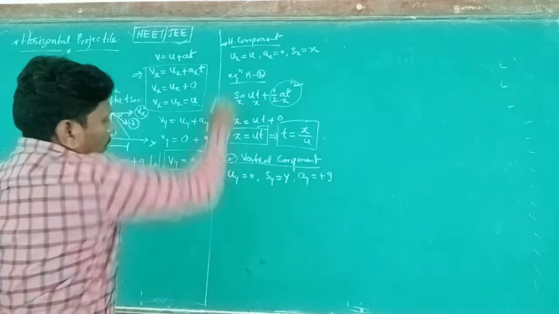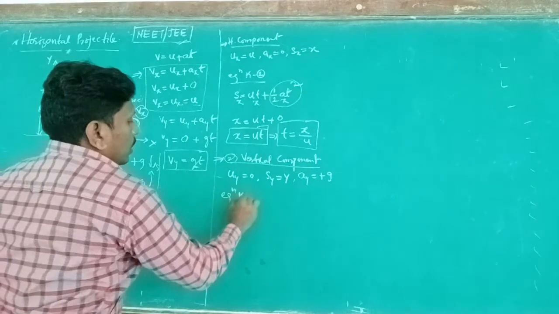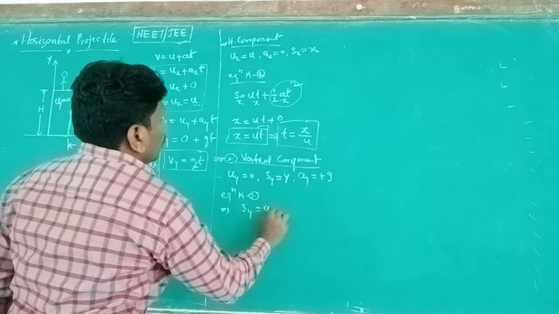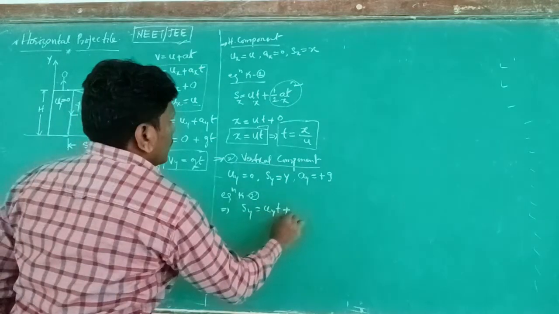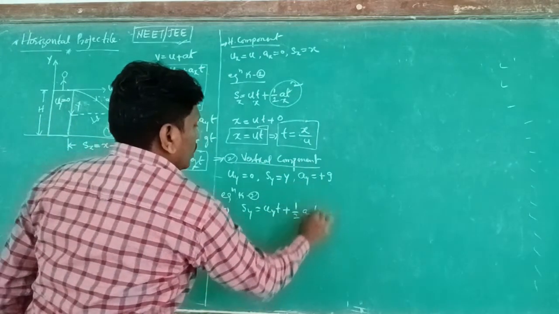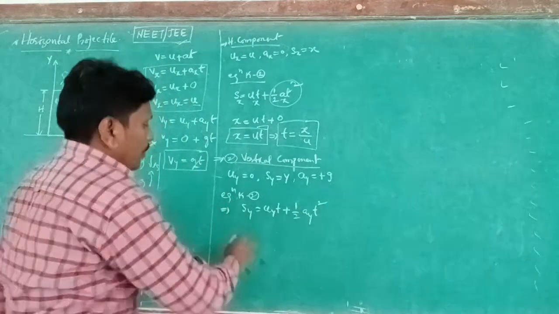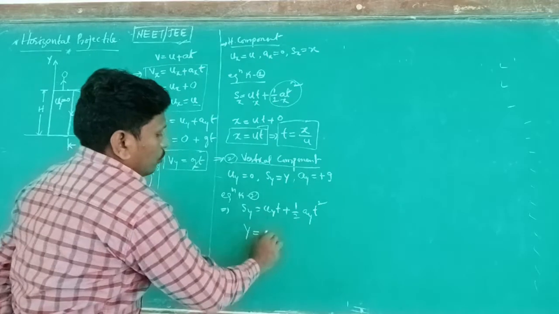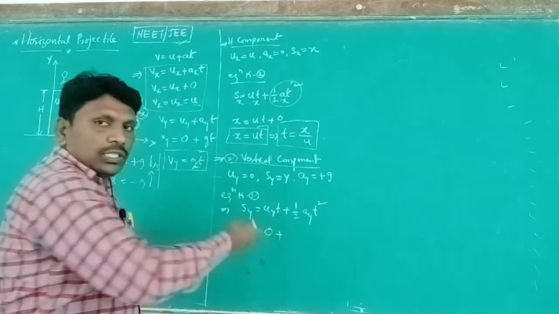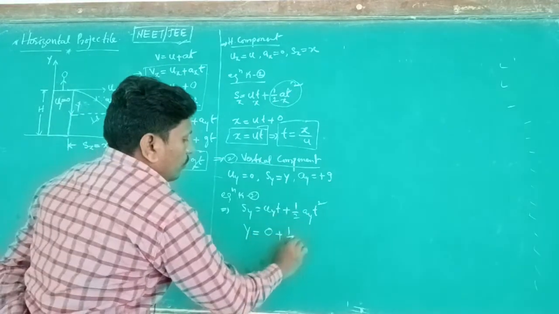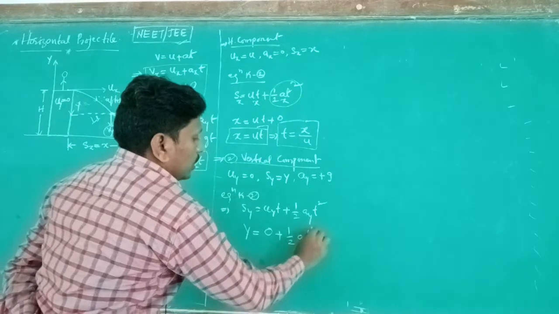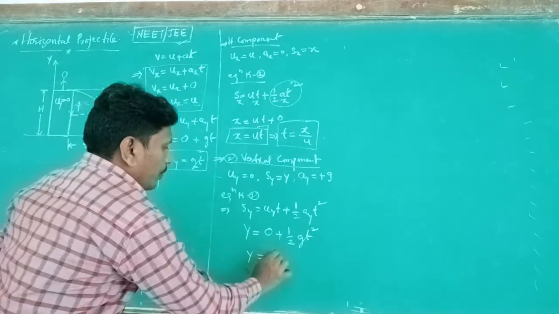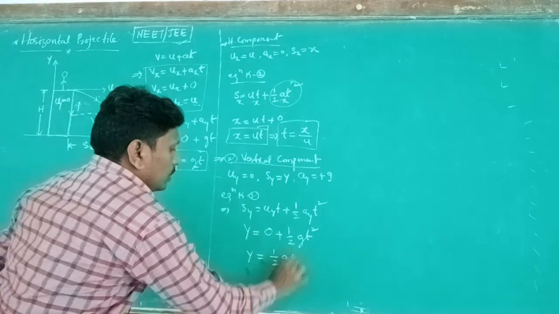Now write it in the kinematic equation: sy is equal to uy into t plus half ay into t square. Sy is nothing but y, and uy is 0, so 0 into t is 0, then half into g t square. Then y is equal to half into gt square.